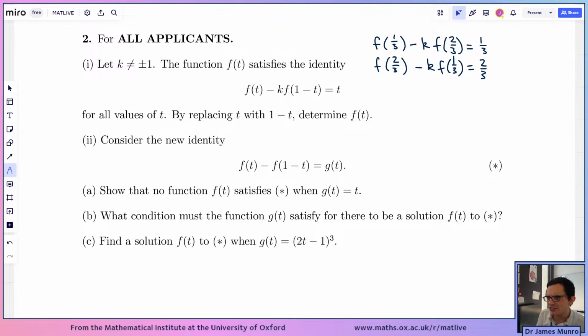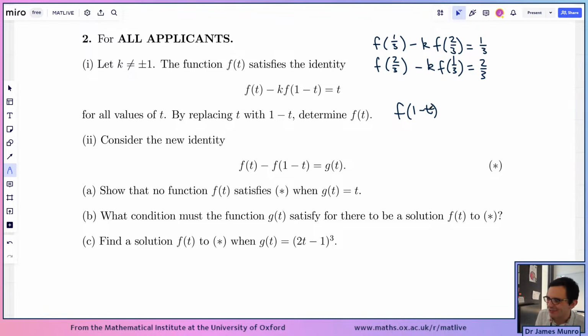Okay, let's actually do this question. We're asked to replace t with 1 minus t, and I know that makes people feel a bit uncomfortable because it looks a bit like I'm claiming that t is equal to 1 minus t, and of course it's not here. 1/3 and 2/3 are not equal. But what we can do is write down this statement where I write down f of 1 minus t. This is true for all numbers t, so it's even true for the number 1 minus t.